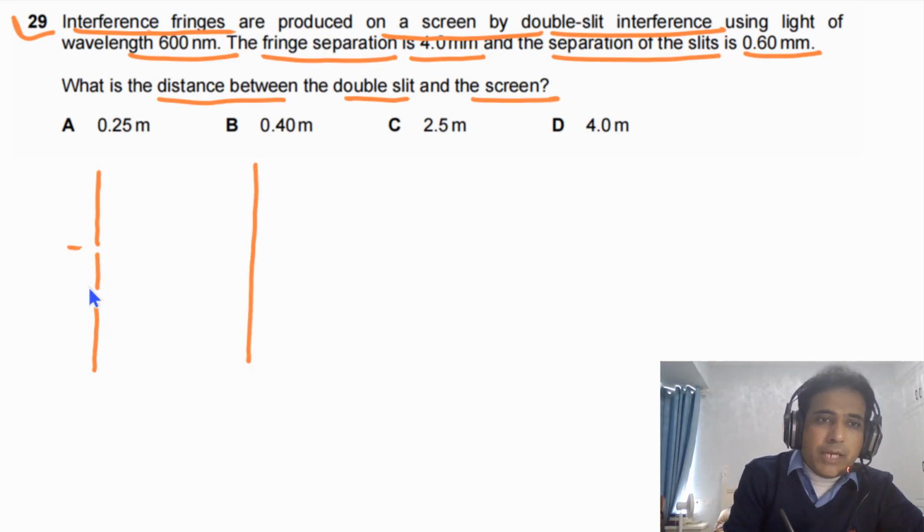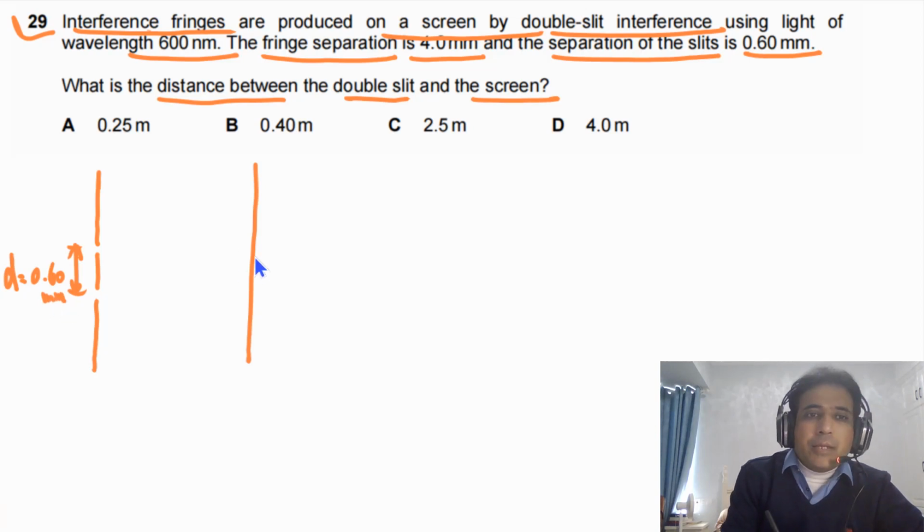For this question, we have the slit separation. We can say this slit separation is d, and d is equal to 0.60 millimeters. We will have the center maxima at the center, then the first order bright fringe, then the second order, and so on.